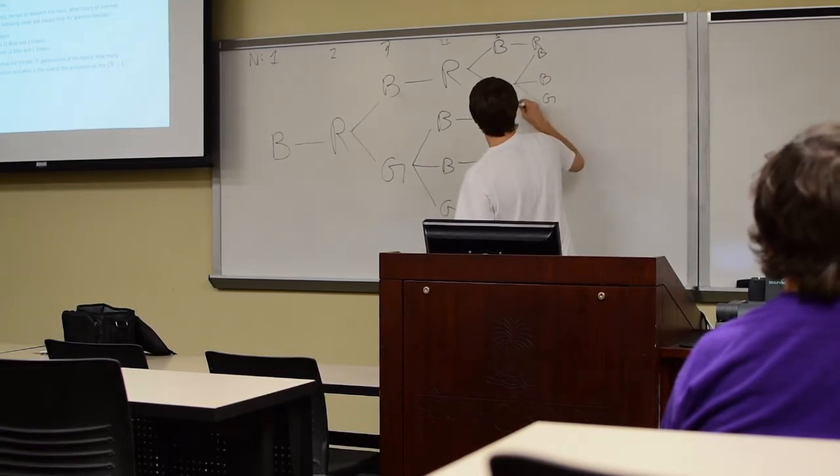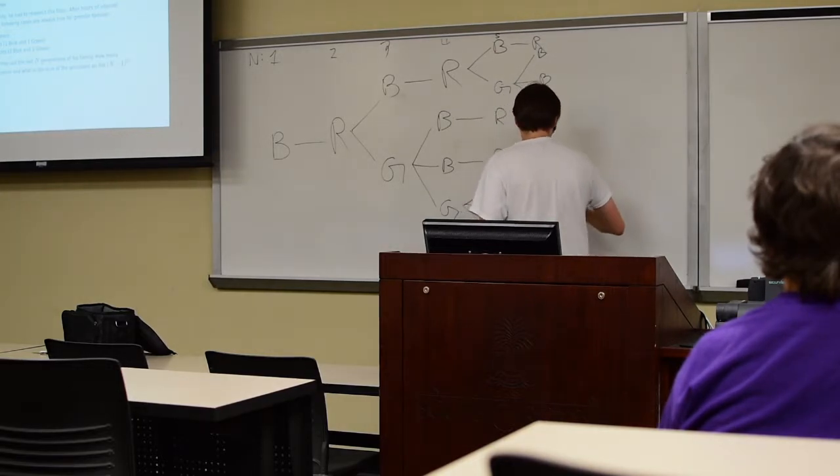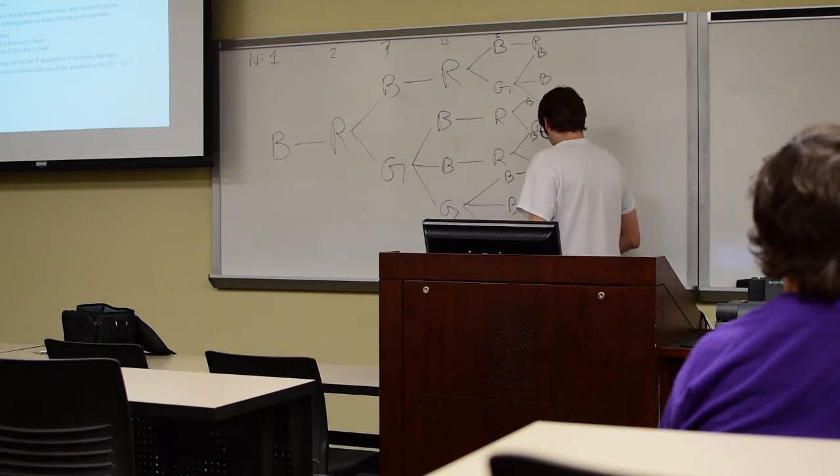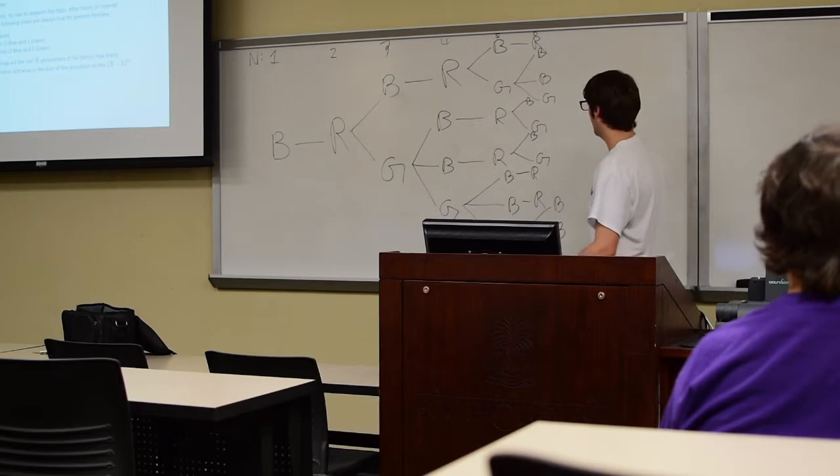Reds have blue and green. Blues have red. Blues have red, and greens have 2 blues and a green. So this is our family tree for 6 generations, and now I'm going to tally up how many we have in each generation.